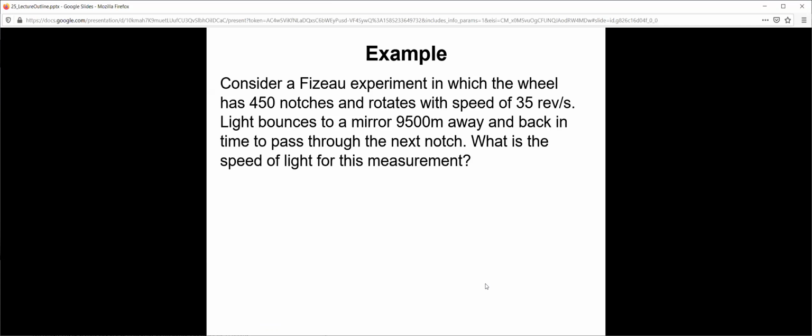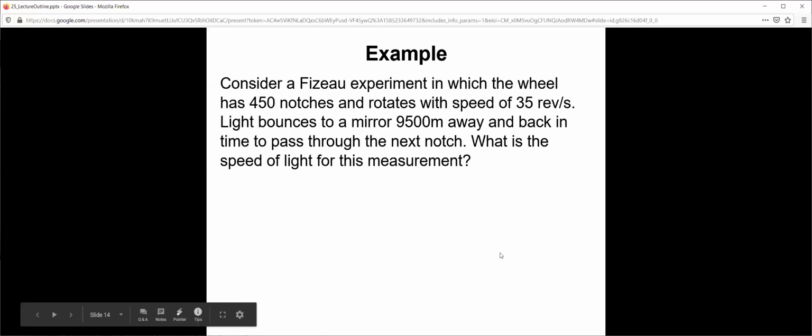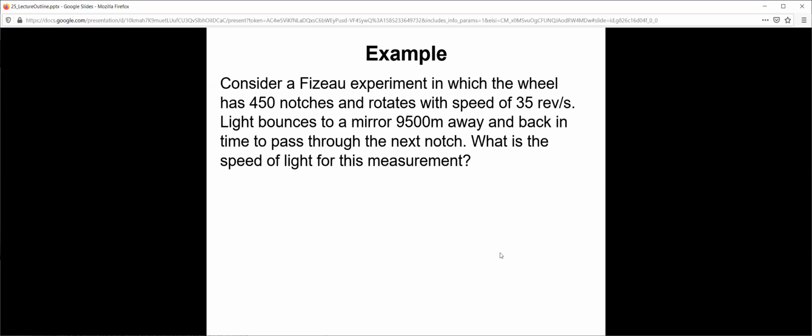You place a mirror 9,500 meters away from this wheel, big number, right? And you watch the light bounce. What you notice is that the light is able to strike the mirror and bounce back in the time it takes this wheel to go through one notch. Exactly one notch. That's what you notice.